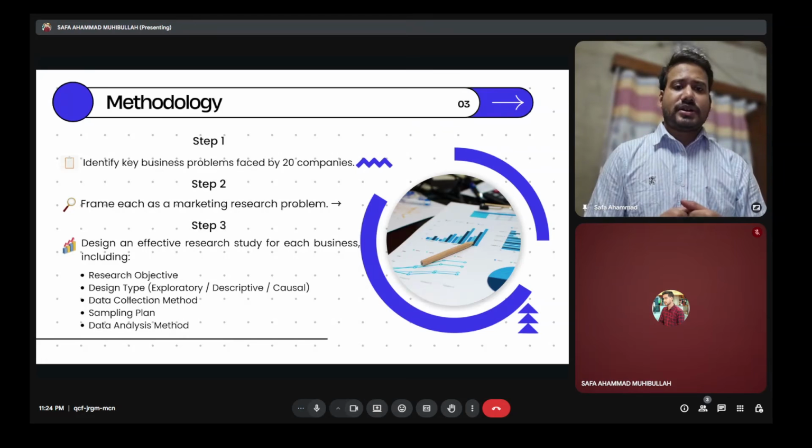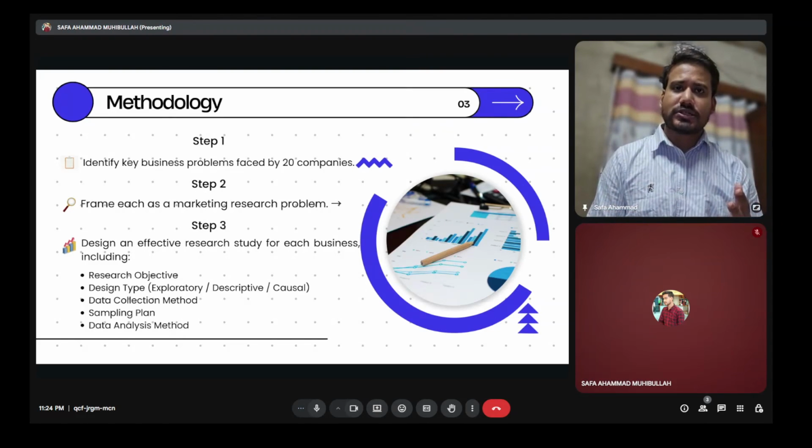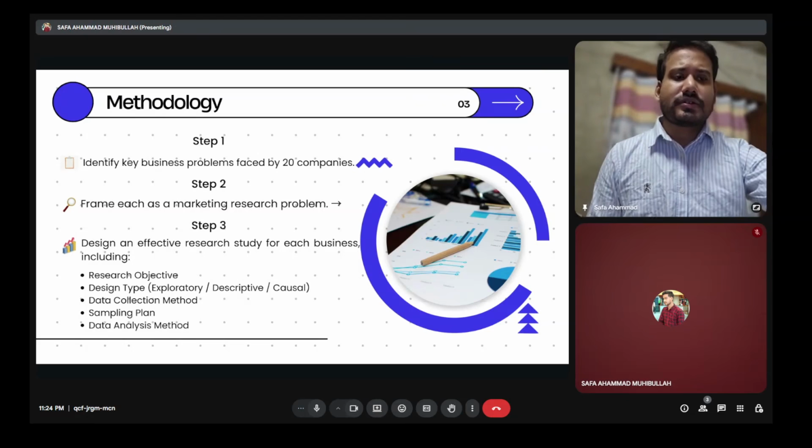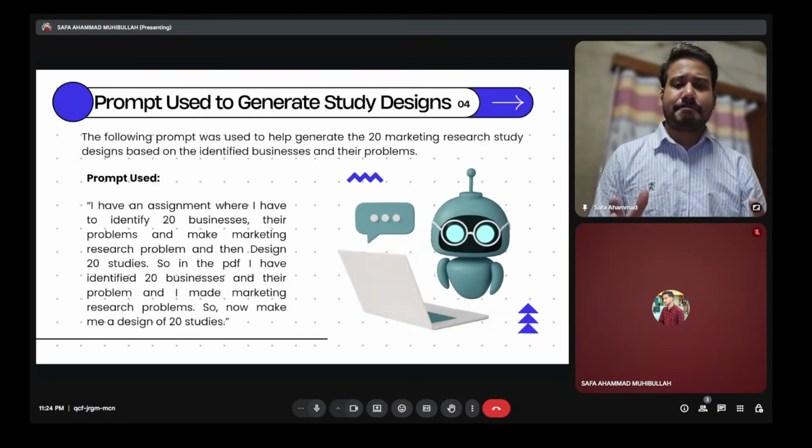Each design included research objective, research design, for example exploratory, descriptive, or causal, data collection method, and sampling plan, also data analysis plan method. So next slide.